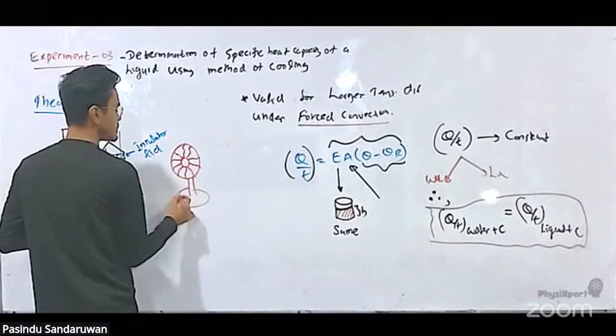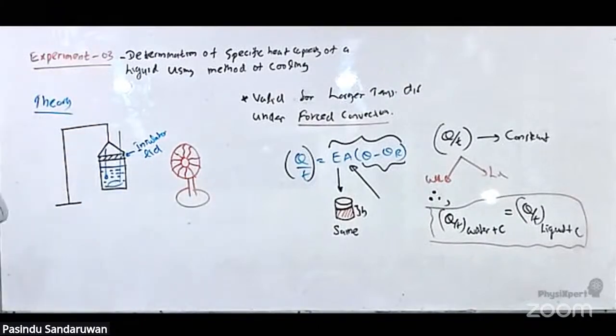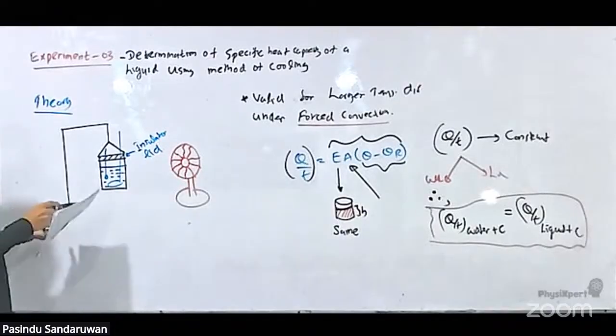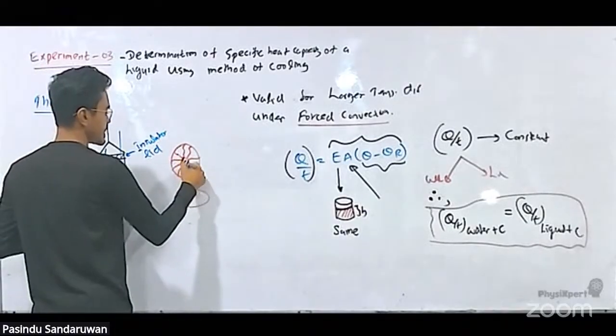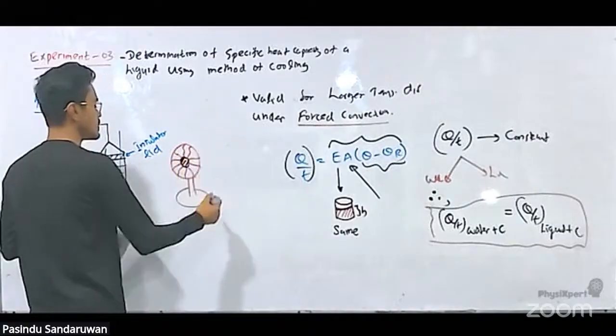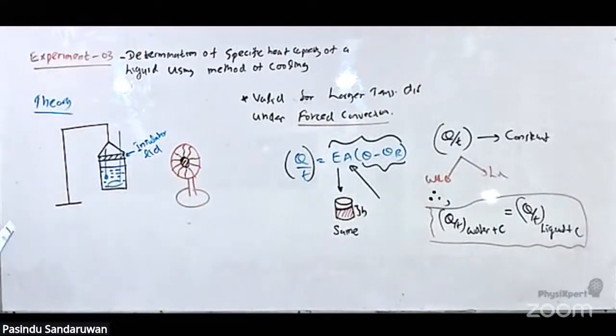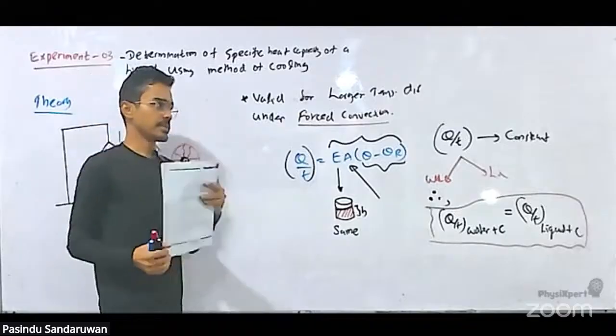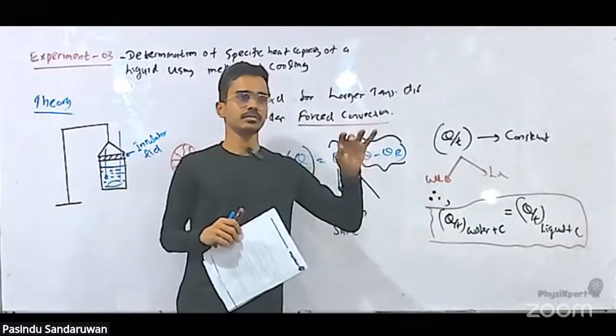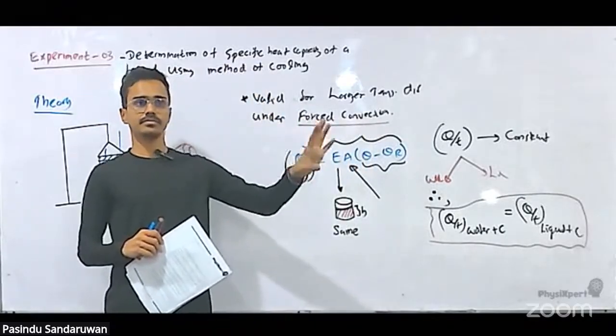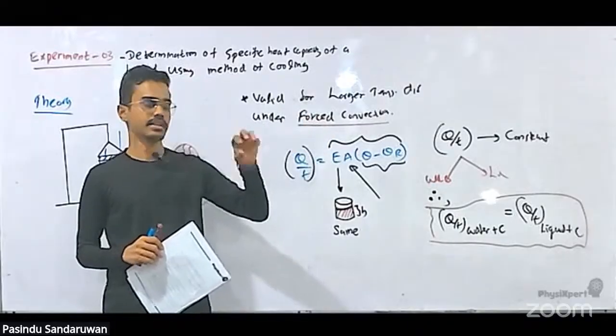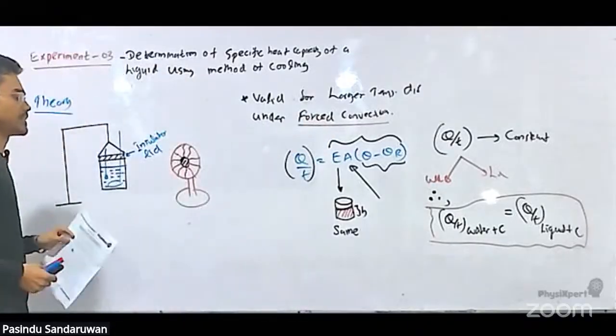A normal table fan is fine, but it should be a uniform airflow, and throughout the experiment you have to keep the fan on at a constant speed.